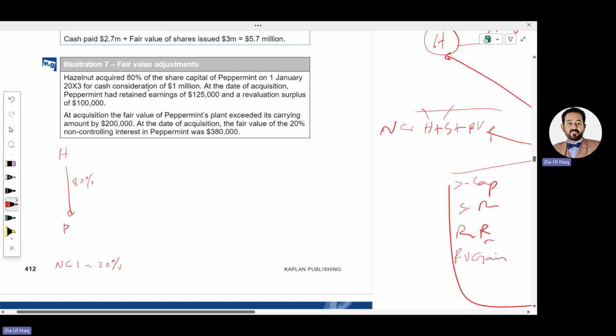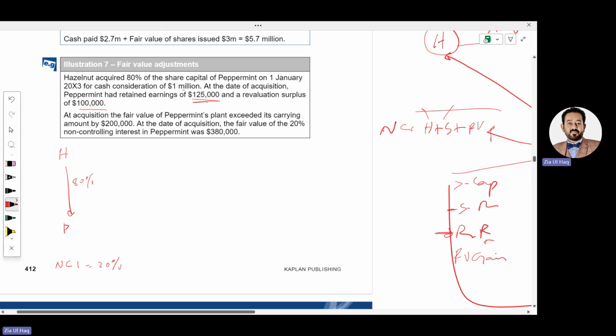This will be used in the calculation of goodwill as consideration paid. At the date of acquisition, Peppermint had retained earnings of 125,000. This is the retained earnings at acquisition time. And a revaluation surplus of 10,000. Instead of share premium, they have given the value of revaluation surplus.